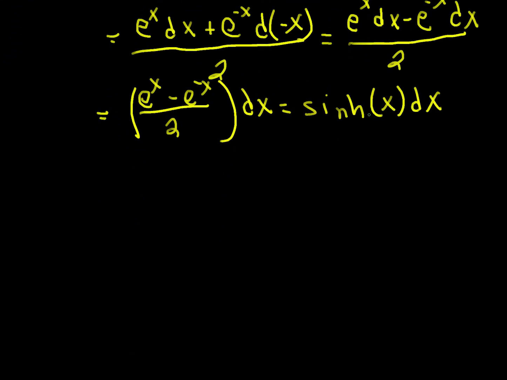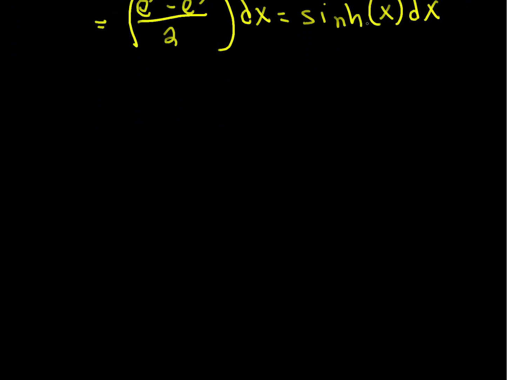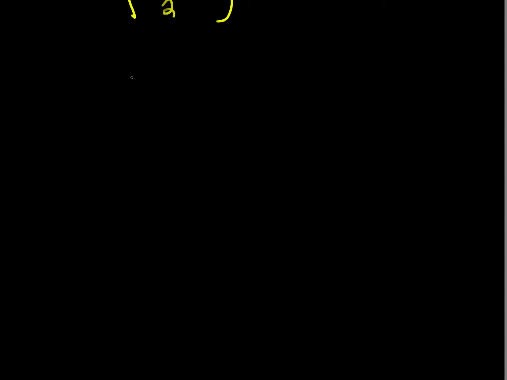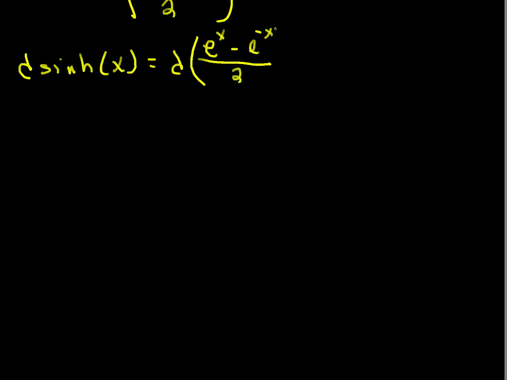Similarly, just for good practice, let's look at the derivative of the hyperbolic sine. The differential of the hyperbolic sine is the differential of e to the x minus e to the minus x divided by 2, which is equal to the differential of e to the x minus the differential of e to the minus x divided by 2.